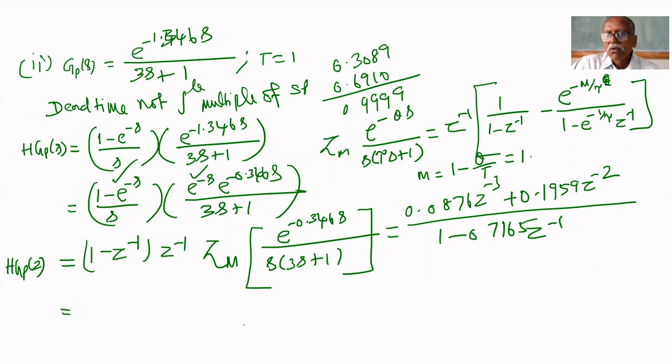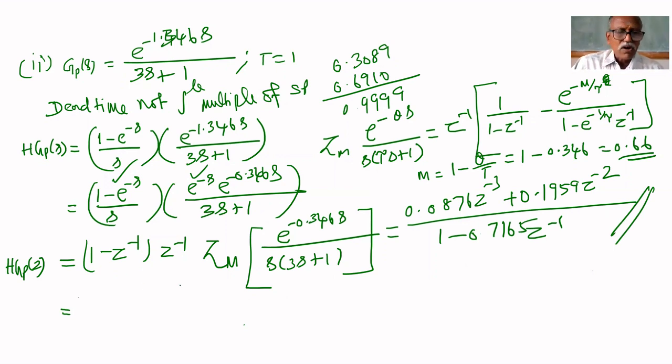In this case, 1 minus theta equals 0.346, that is equal to 0.66. If you substitute, you will get this result. You find yourself.